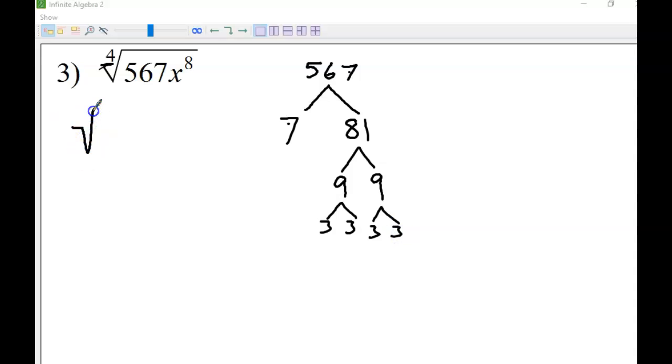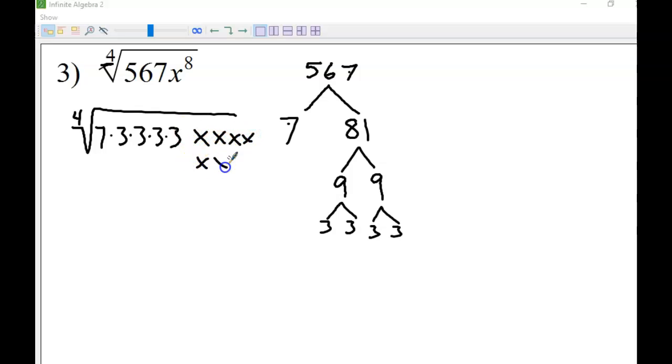So breaking down 567, we get a 7 and 4 3s. And then as far as the x's go, there's 8 of them. And we're looking for groups of 4 numbers that are identical. So there's 1, so I can take out a 3. Here's another group of 4, so I can take out an x.